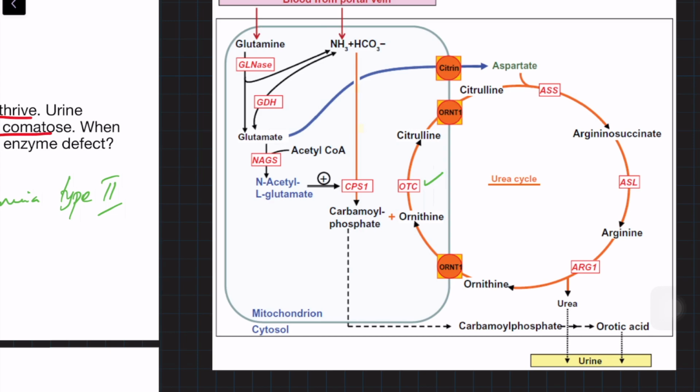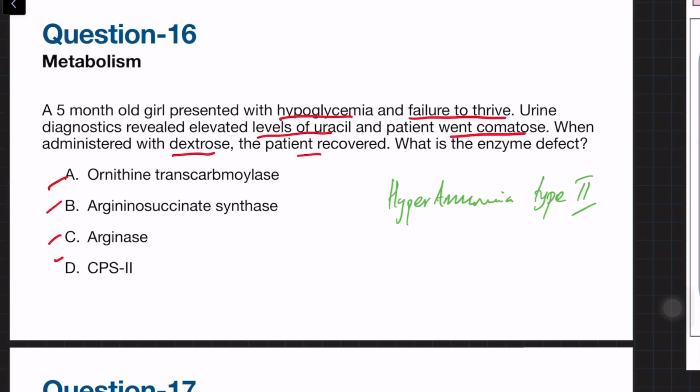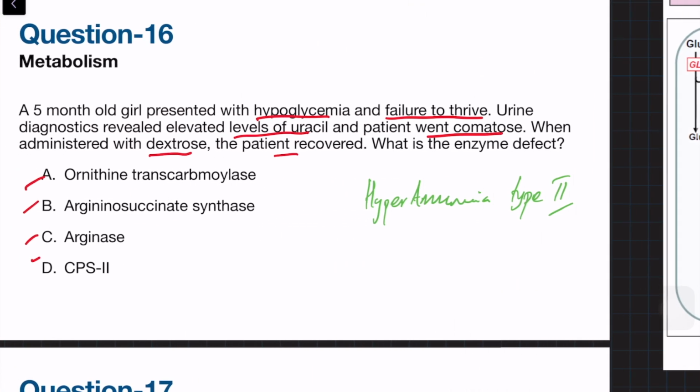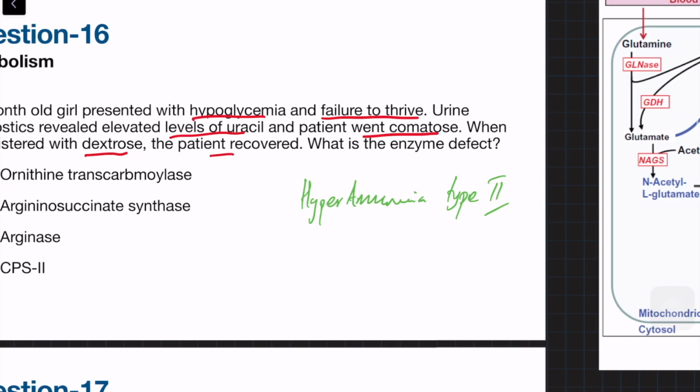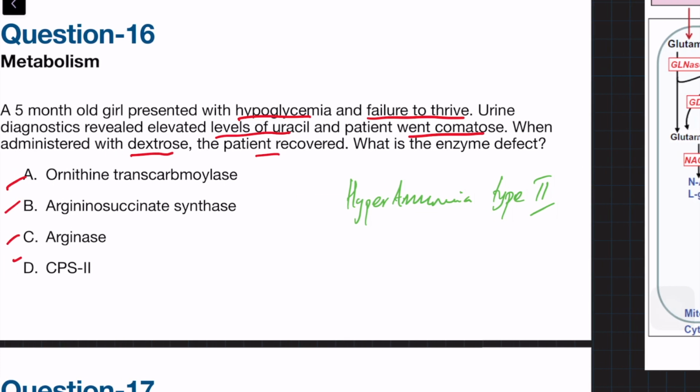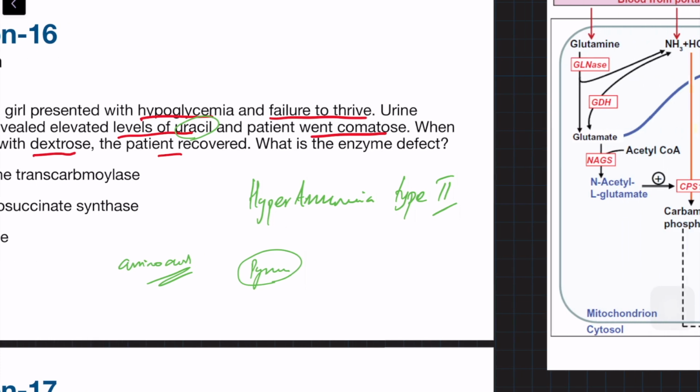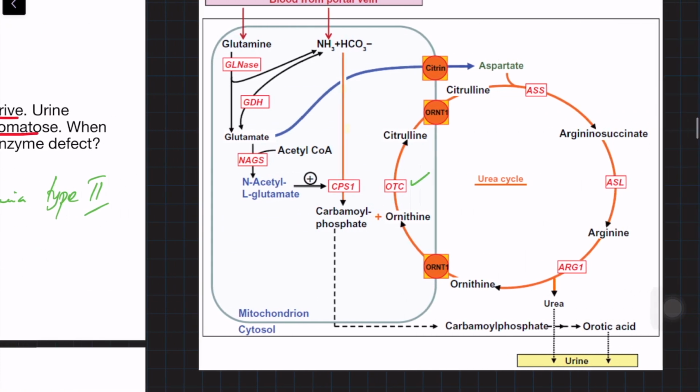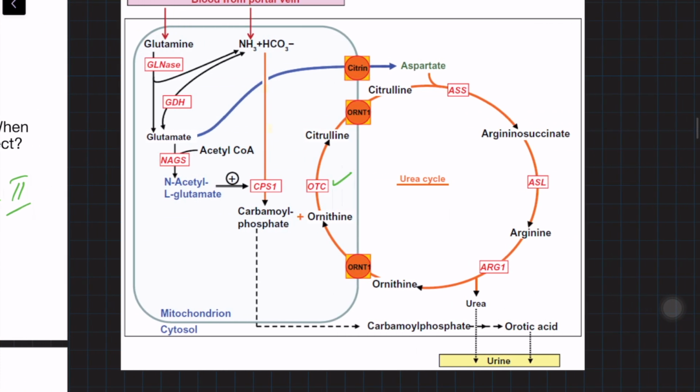Whenever you see elevated ammonia levels or a urea cycle disorder, you should look for which amino acids or substances are elevated in the blood. Here we know the uracil is elevated, which is a pyrimidine derivative. Okay, that is not a big deal. But what I am saying is, you need to look for amino acids such as citrulline, argininosuccinate, arginine, or ornithine.